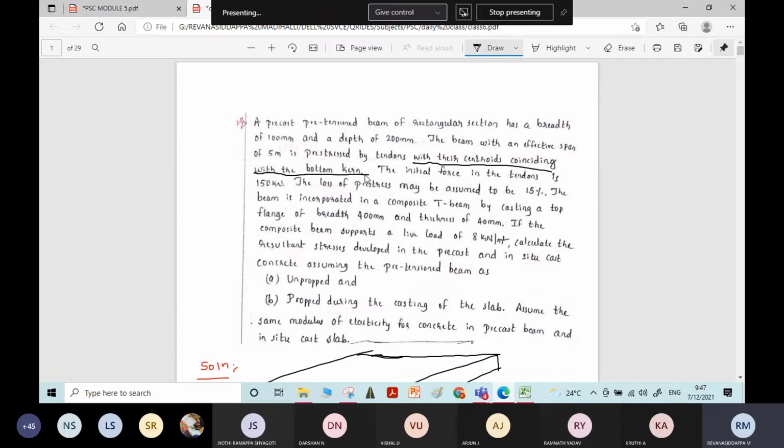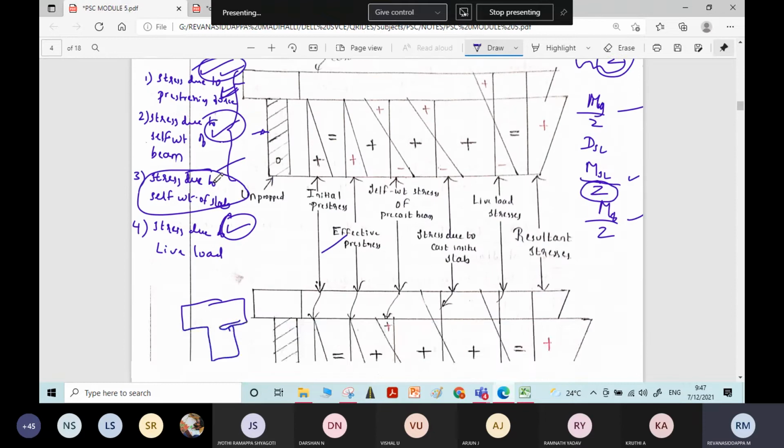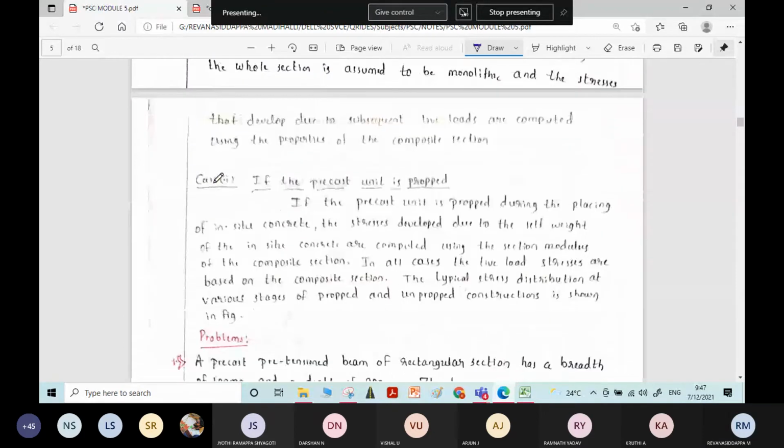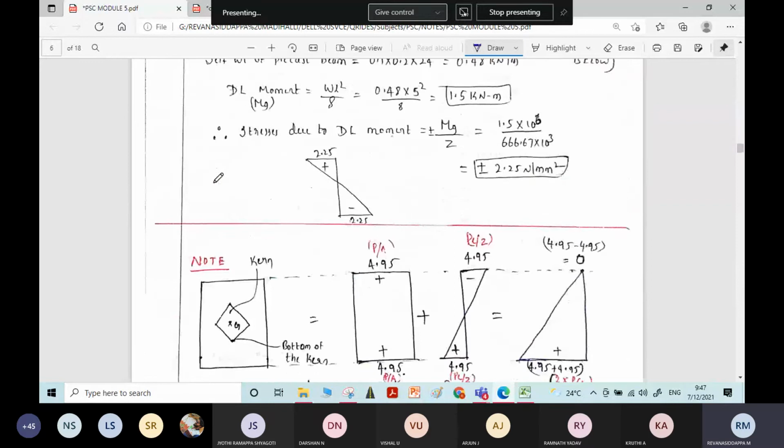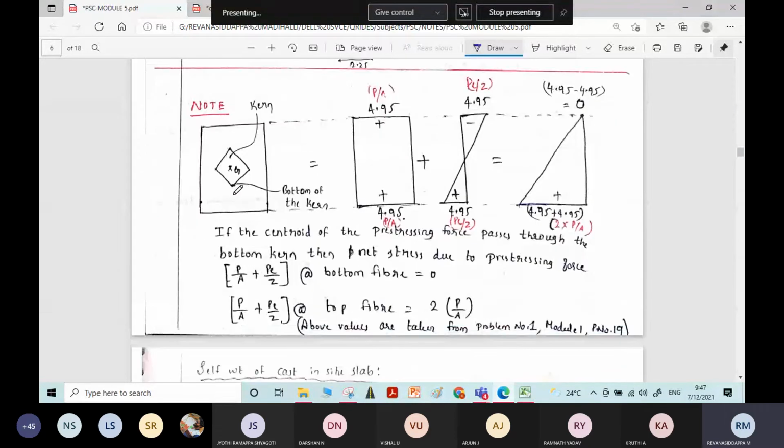Let me explain what is the meaning of curve. Here I have written some note in the course material. I think in the second module I have explained about the curve. Once more I will explain it now for understanding. See, the bottom curve is this trapezium what I have written now.